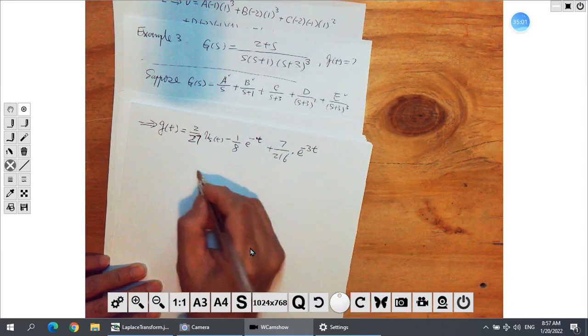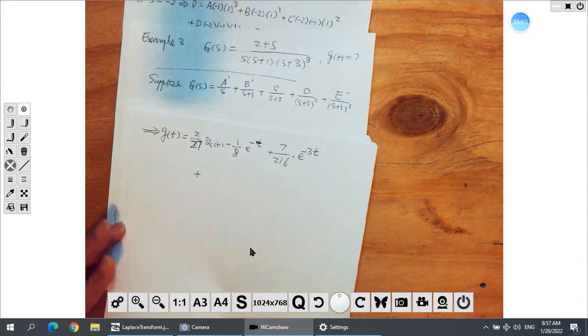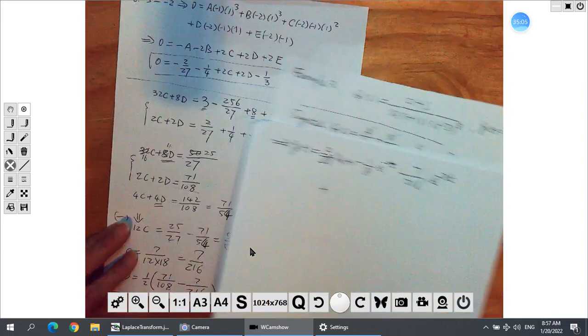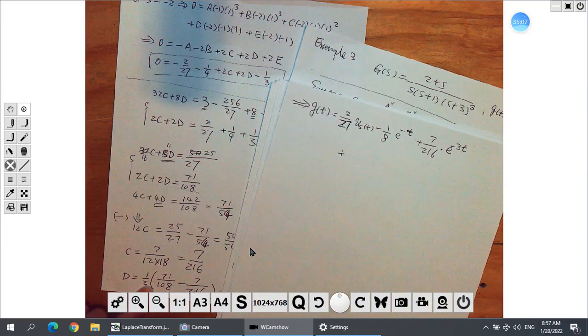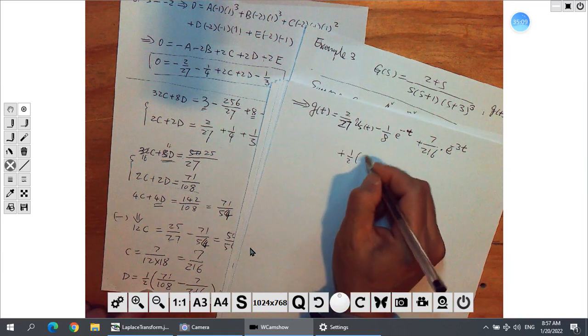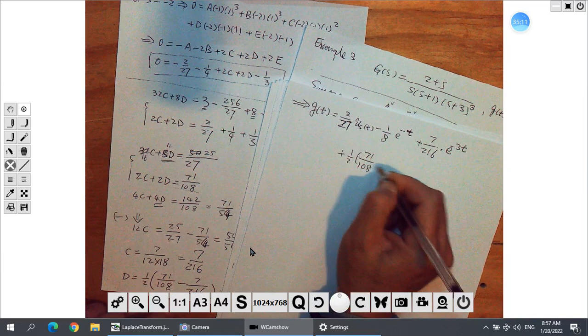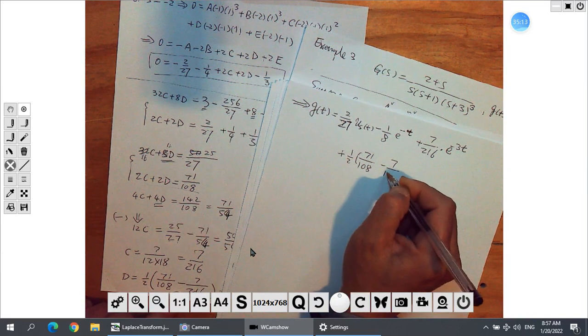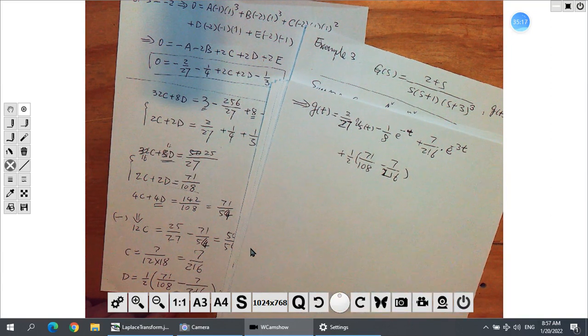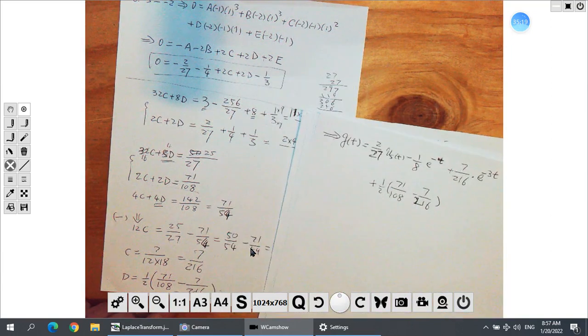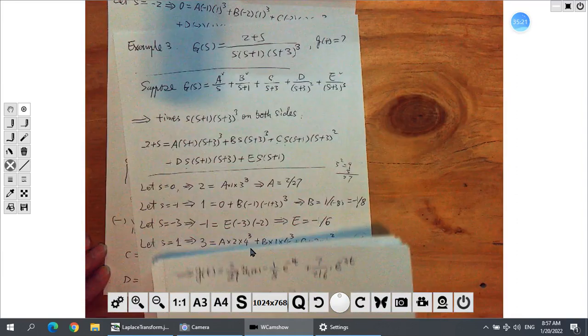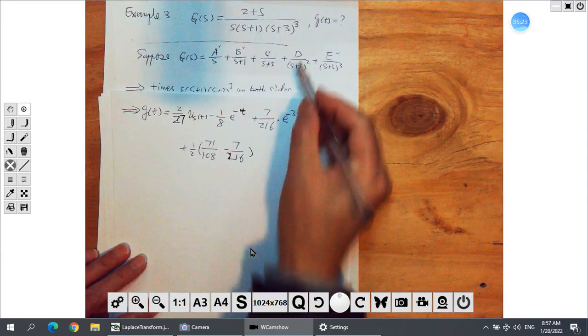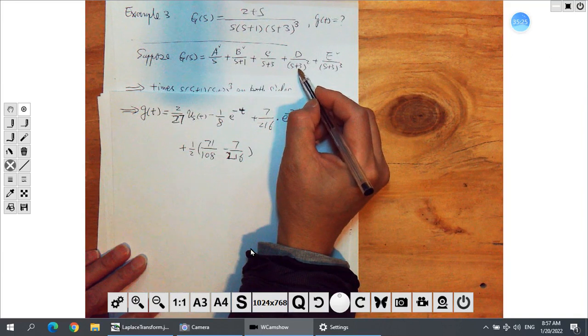And D is this one, 1/2 times 71/108 minus 7/216. This is D, and D is a coefficient of D over s plus 3 squared.